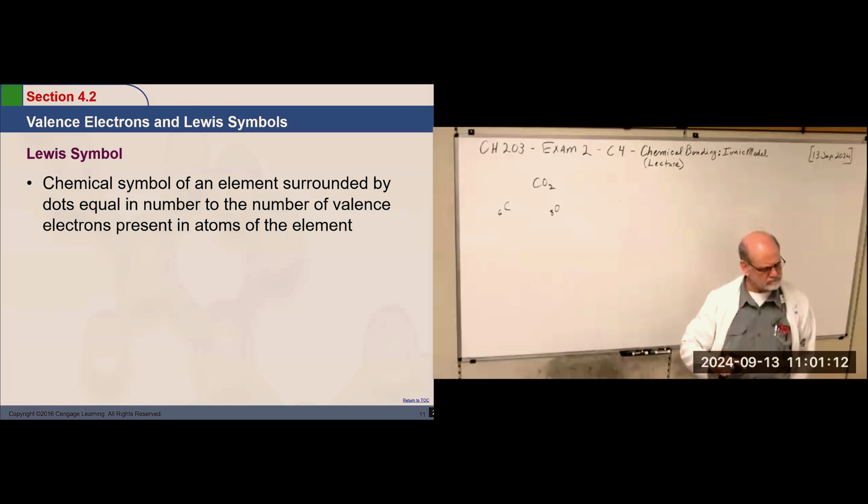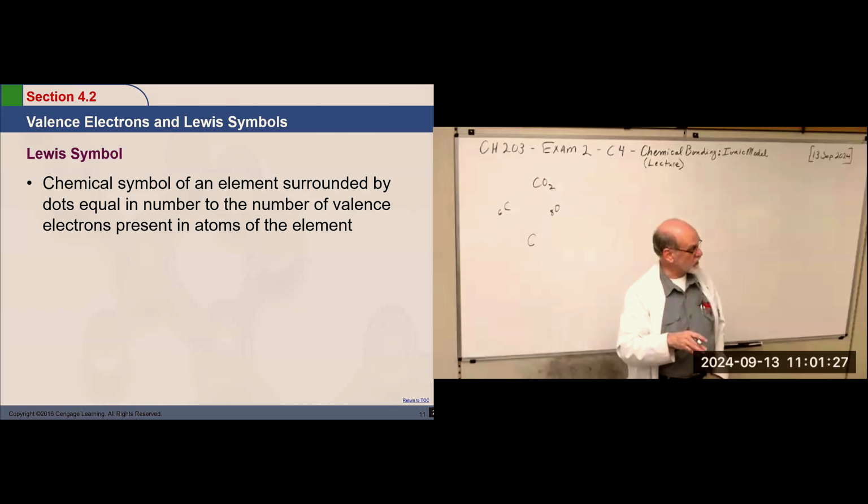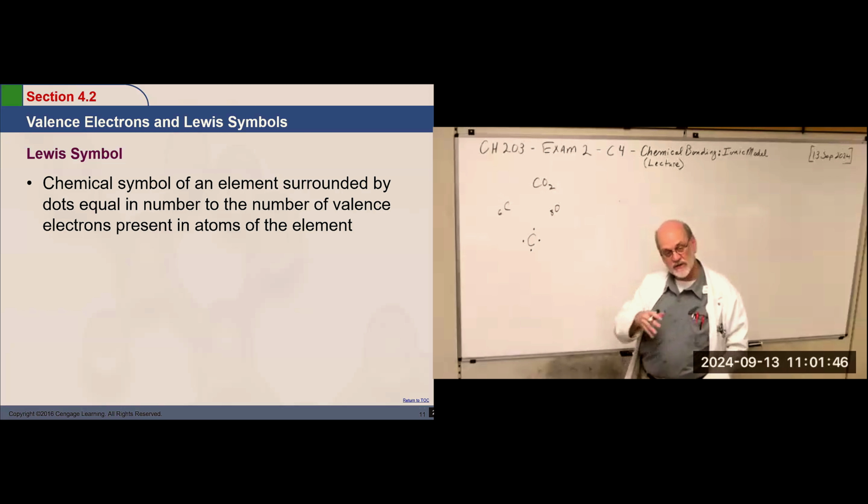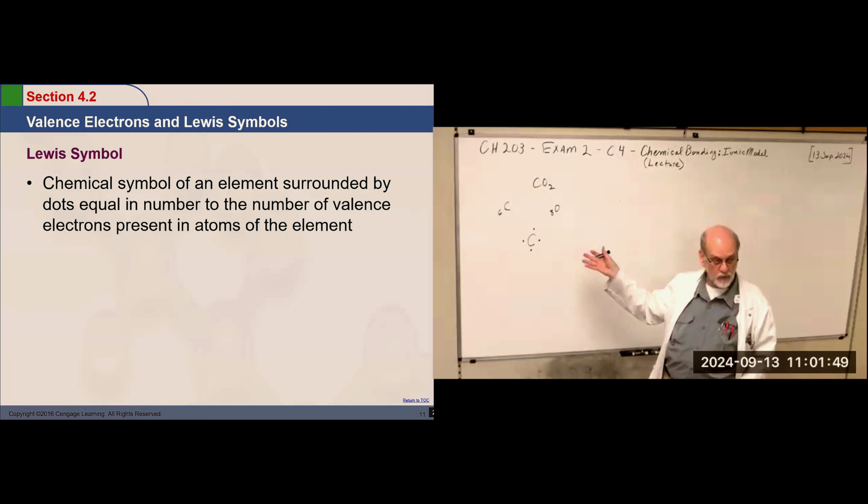And he proposed just writing the symbol like carbon. And around that symbol, we would position the valence electrons. So the valence electrons for carbon, and you can tell how many valence electrons there are. Just see where carbon is, count from the left. Lithium, beryllium, boron, carbon. That's 4 positions. You have 4 valence electrons. And you position them. If there's only 4, then you position them as if they were lone electrons.